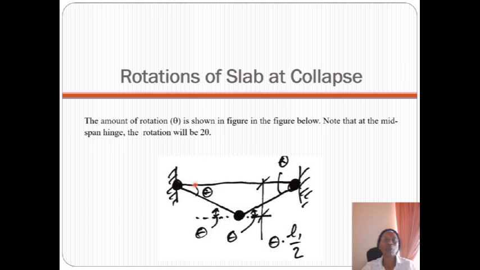So if that is theta, and this is the direction L1, there will be the yield line as shown, where we have the hogging moments and the sagging moments, the angles theta, and at the middle there will be that angle theta and that angle theta, and therefore the total rotation will be 2 theta. That's what we mean by the rotation will be 2 theta at midspan.